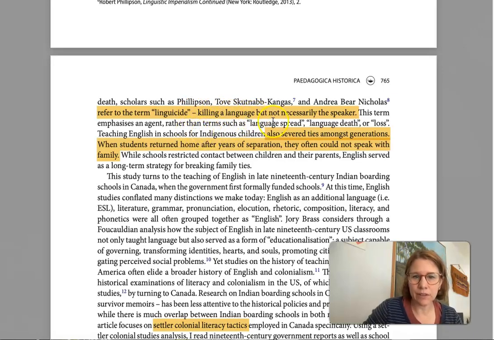So they would want to destroy, exterminate a language, and sever ties also between the children as the younger generation and then older generations who spoke their indigenous languages at home.